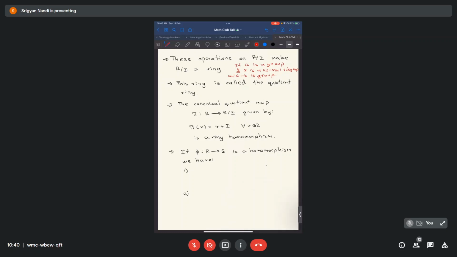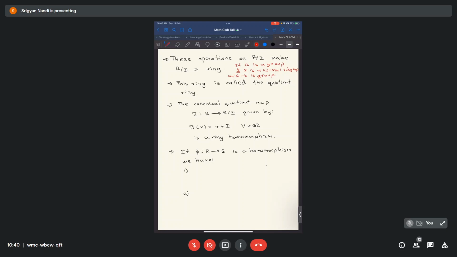And since we create R by I from I, it would be very natural to provide the extended ring with a homomorphism that can be used to represent the elements of R on the quotient ring R by I. And we do this using the canonical quotient map, which was also discussed yesterday.